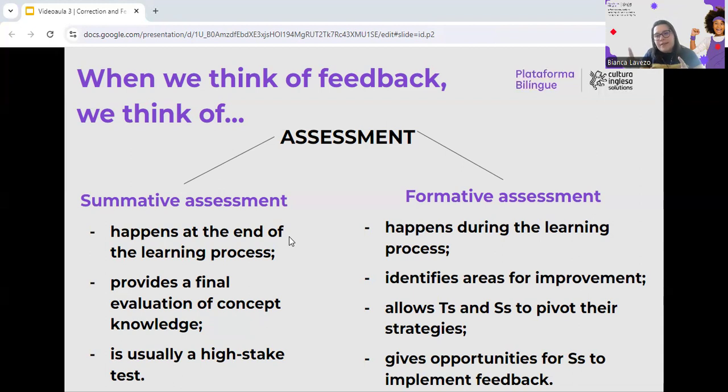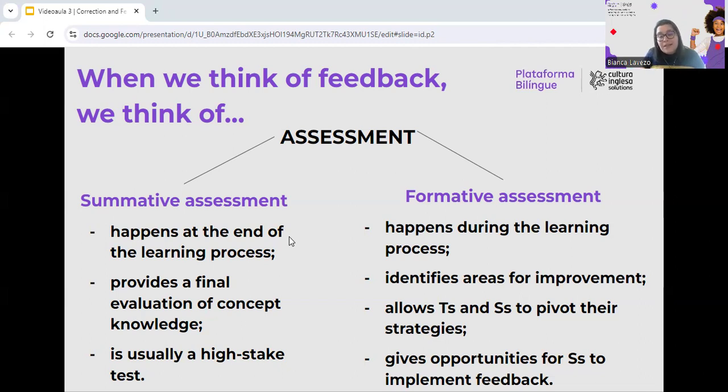So during the process, we are able to understand, okay, I need to focus on this, I need to get better at this, I need to improve this. And this idea allows teachers and students to adapt as they go. So they see an area for improvement and they change the course of something. So they're able to pivot their strategies.